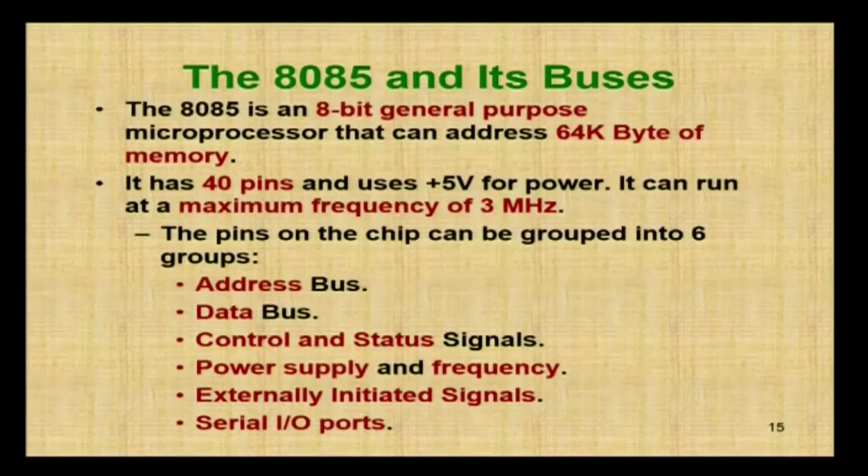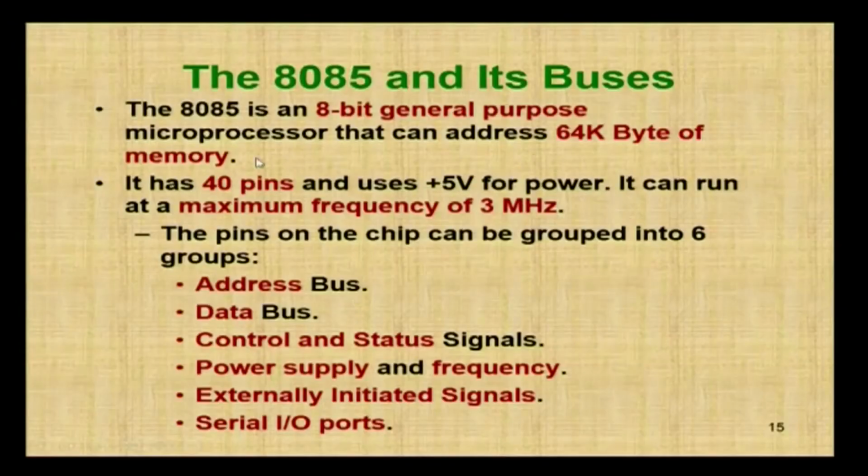As I already mentioned, it is an 8-bit general purpose processor, and it can address 64 kilobytes of memory. It works at a 5 volt power supply, and the frequency of operation is 3 megahertz, and it can go up to 6 megahertz also.